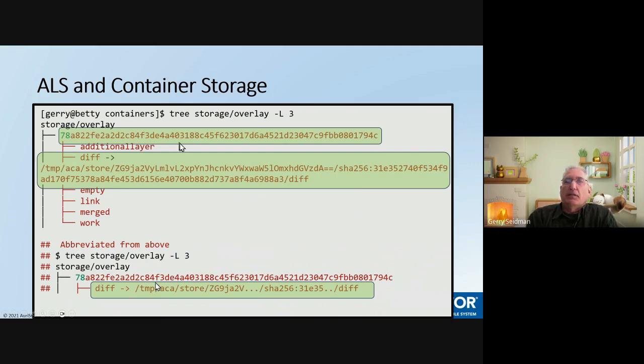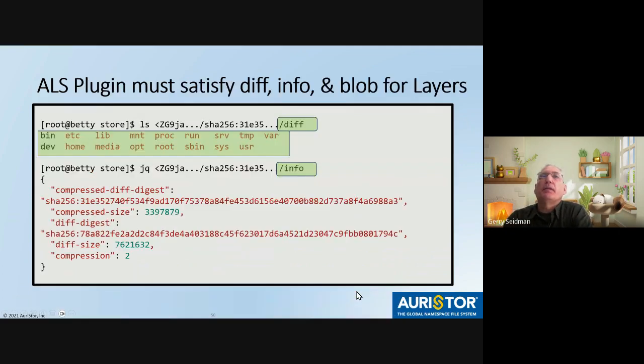Again, that's what it really is, but below I abbreviated. So the layer under storage/overlay/layer digest/diff is really a symbolic link into that AFS path, which in fact is going to give you the contents of the Aura Store volume.